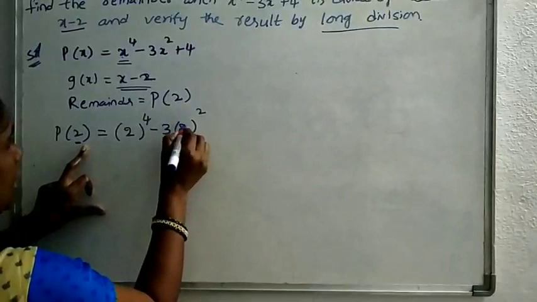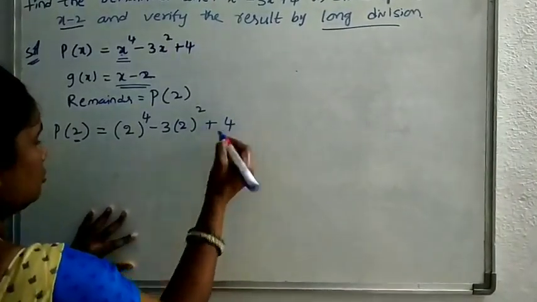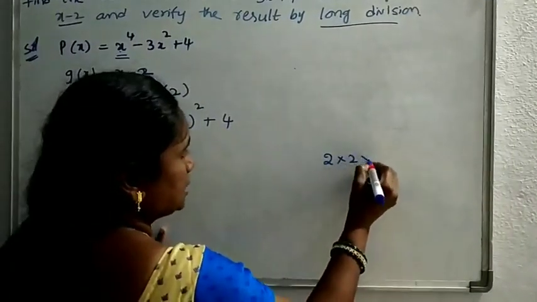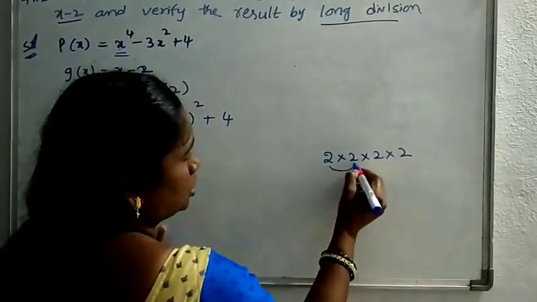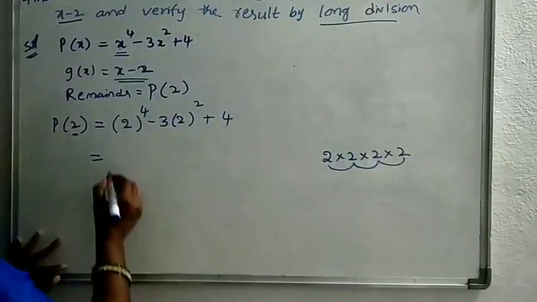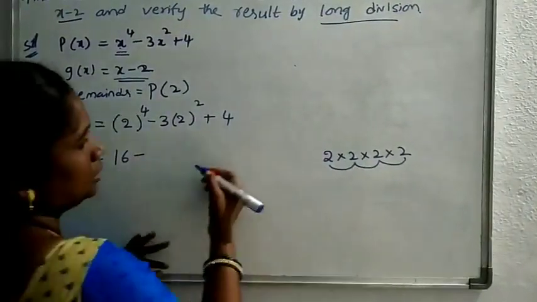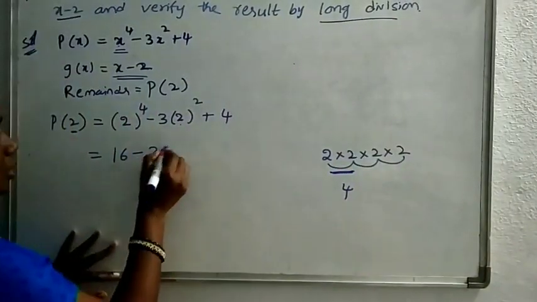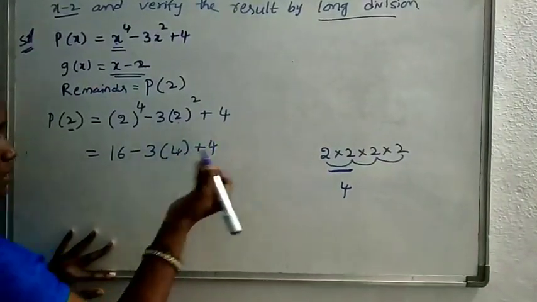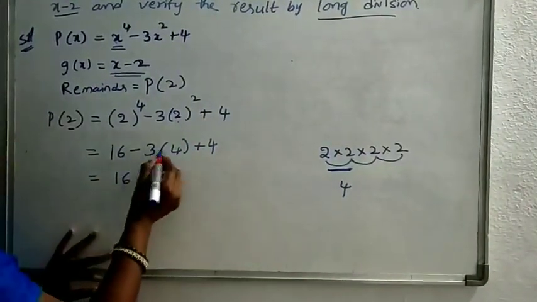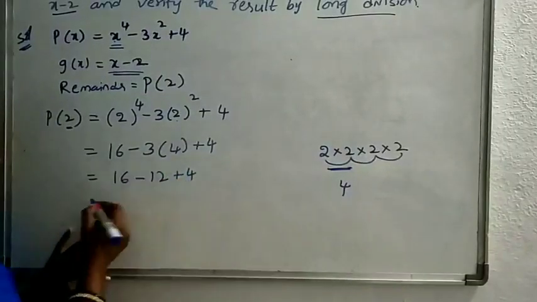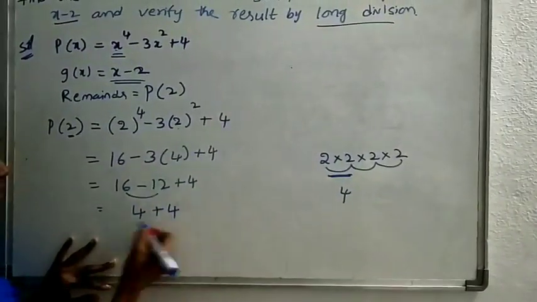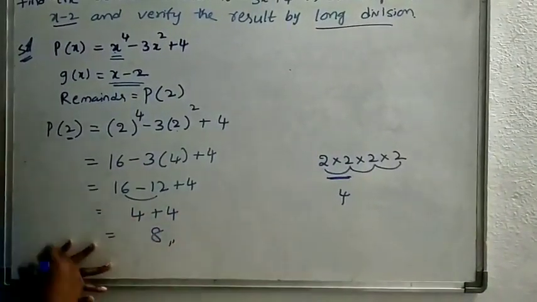In place of x, we have to write 2, plus 4. 2 power 4 means how many times can 2 be multiplied, children? 4 times. 2 twos are 4, 4 twos are 8 and 8 twos are 16, minus 2 square. 2 square means 2 twos are 4. 3 into 4, plus 4. 16 minus 3 fours are 12, plus 4. 16 minus 12 is 4. Again plus 4. 4 plus 4 is 8.